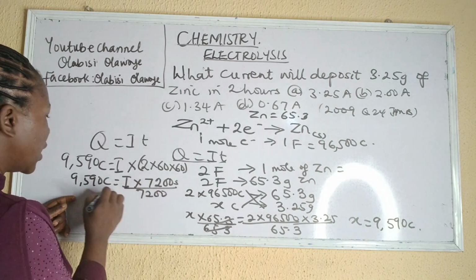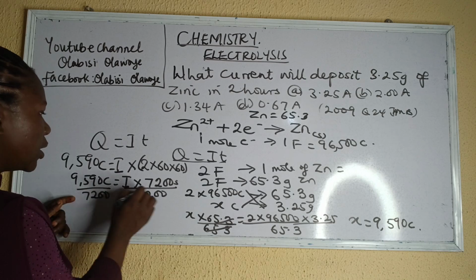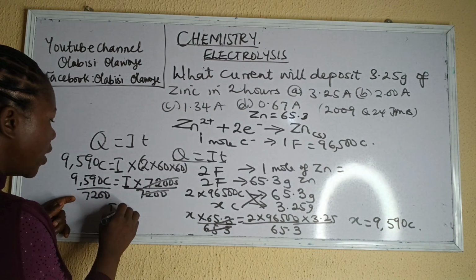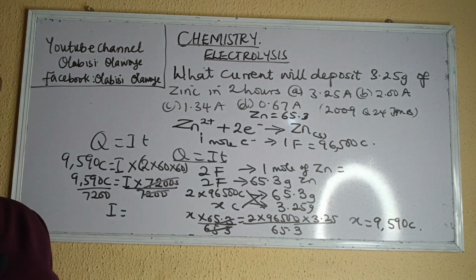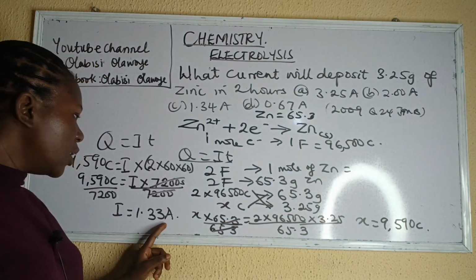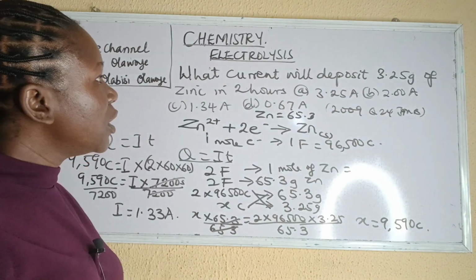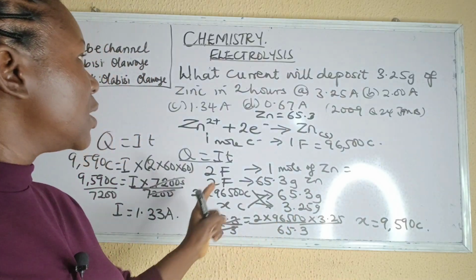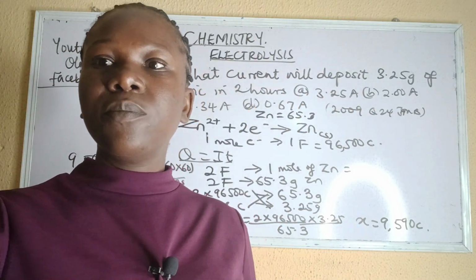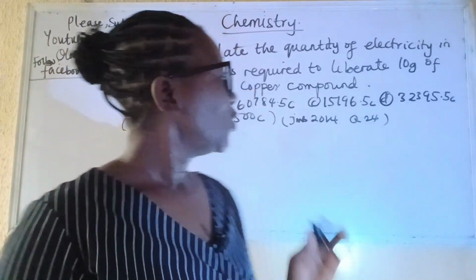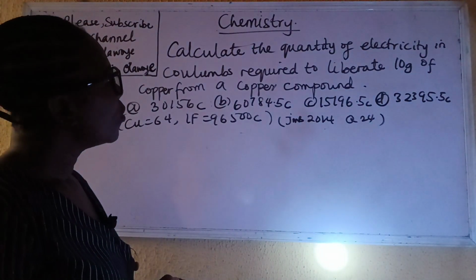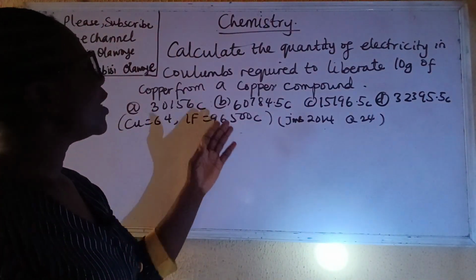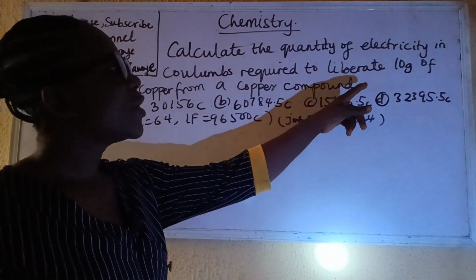Dividing both sides by 7200 seconds, current is therefore 1.33 amperes. So 1.33 amperes is the current that will deposit 3.25 grams of zinc.